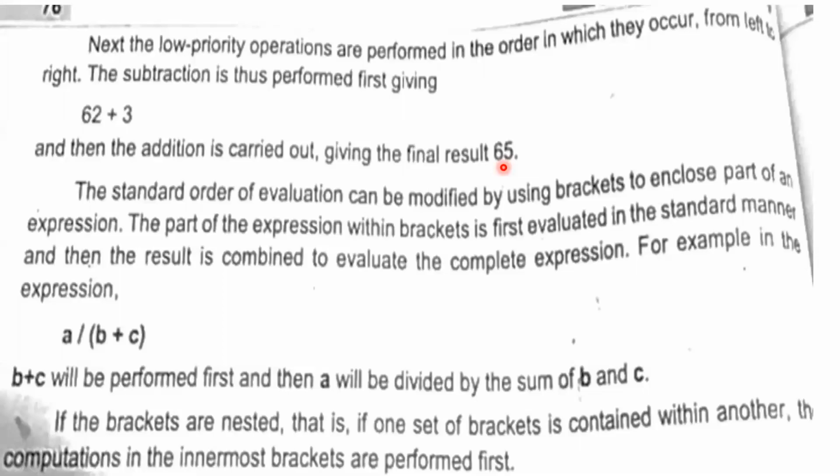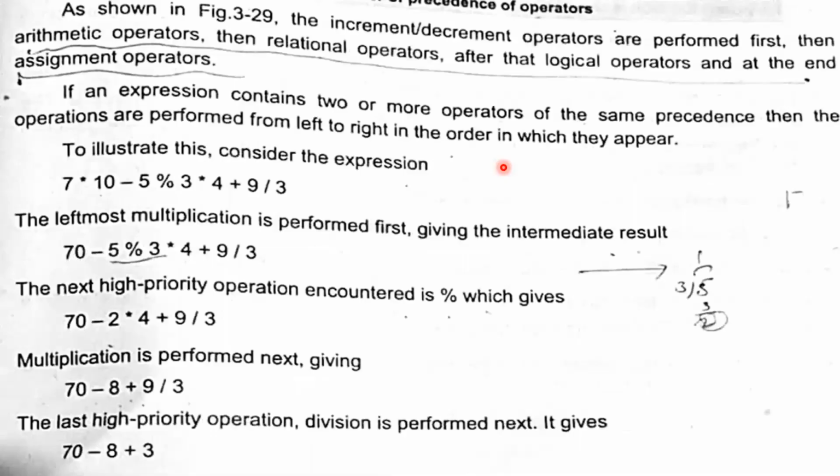Clear? I repeat it. How to solve these equations? If we have more than one operator of the same precedence, then solve from left to right. First, the leftmost one is 7 multiplied by 10, 70. The rest of the equation will be noted down as it is. Then remainder: 5 remainder 3.